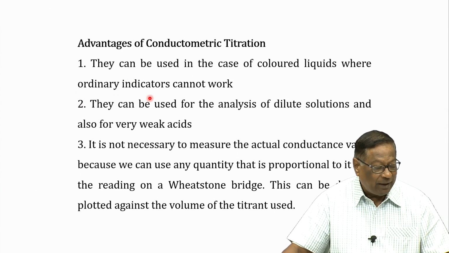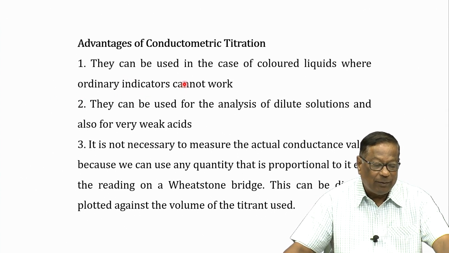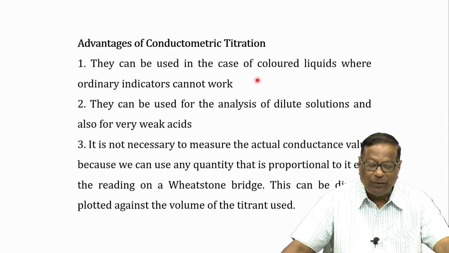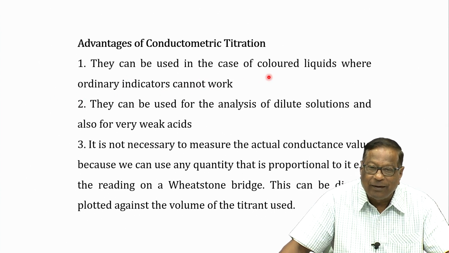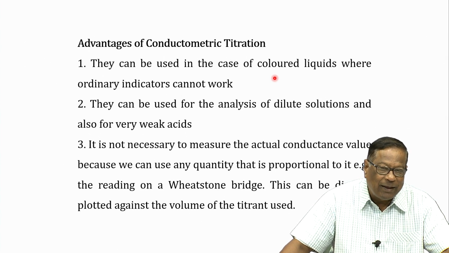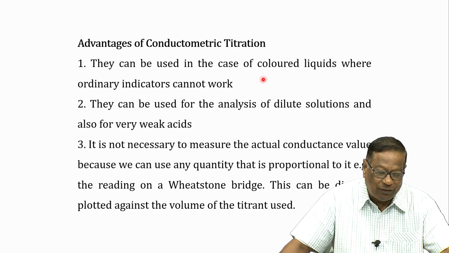And now I will enumerate a little bit about the advantages of conductometric titrations. They can be used in the case of colored liquids. You do not have to bother if the substances are colored, because unlike ordinary titrations where you have to watch the color change, here you do not have to watch the color. So, you need not worry about indicators working or not.